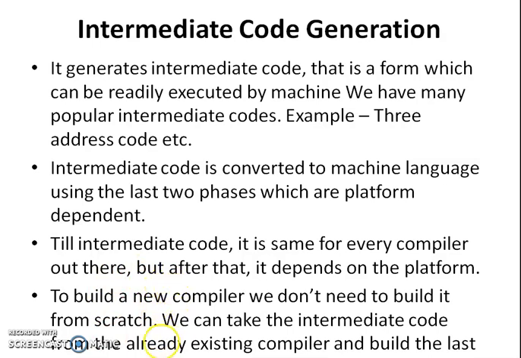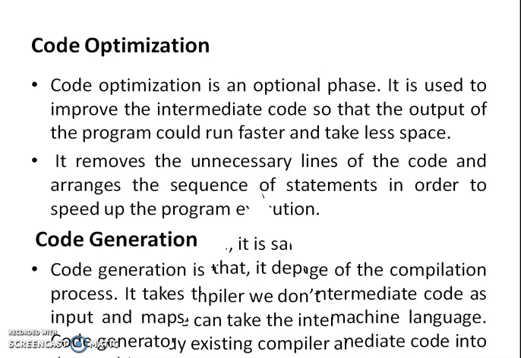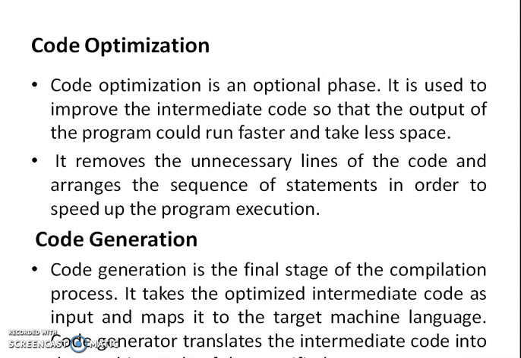It should be generated in such a way that it is easier to translate into machine level language. For example, if you want to build a new compiler, we do not need to build it from the start. We can simply take the intermediate code and then build the compiler.